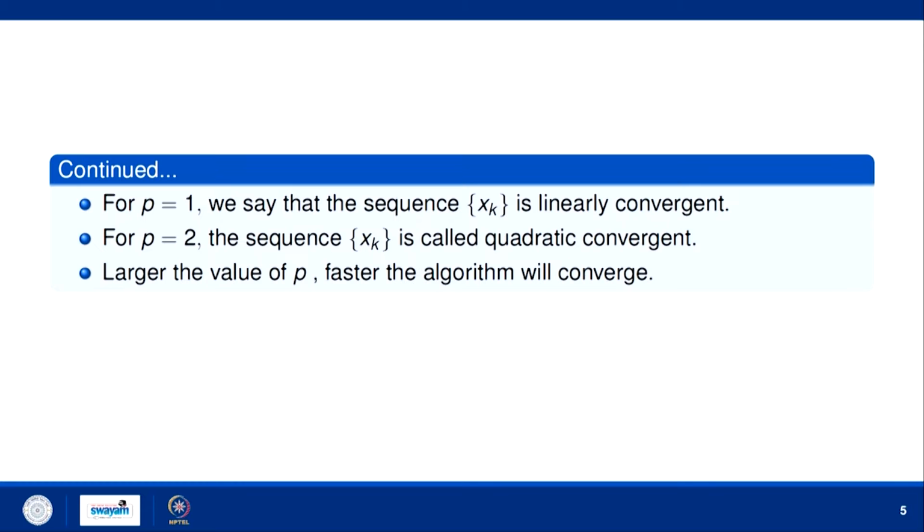Now, if p equals 1 for some algorithm, that is, the sequence x1, x2, x3 up to x_k and so on converges with p equal to 1, then we say that the sequence is linearly convergent.